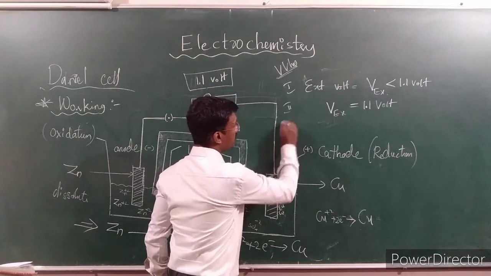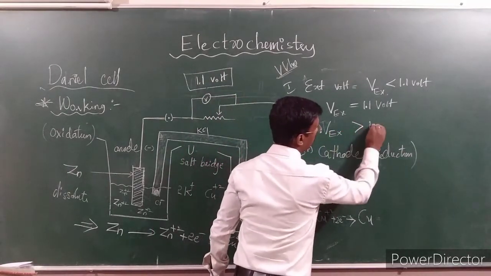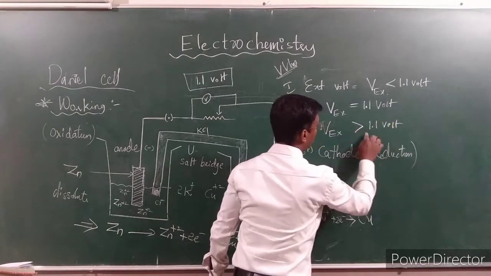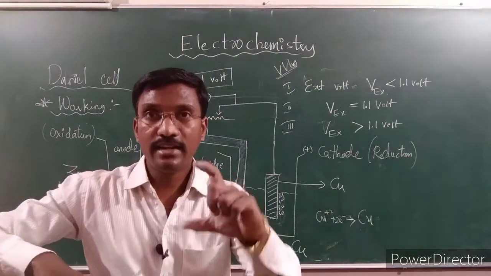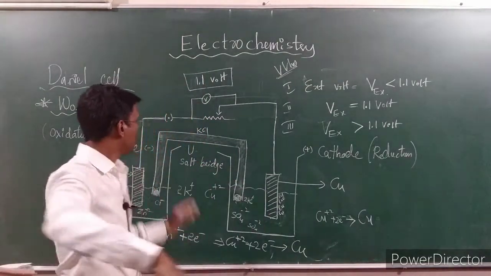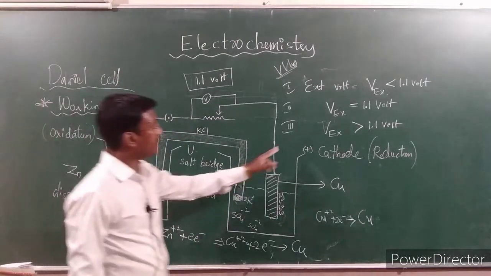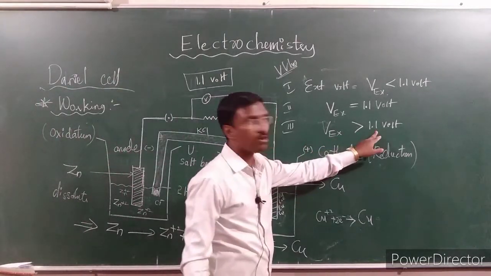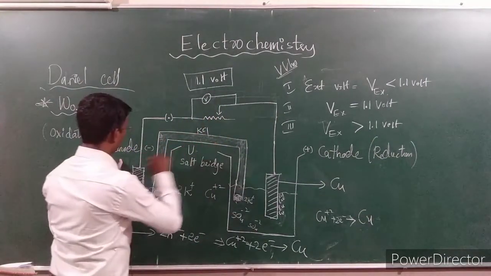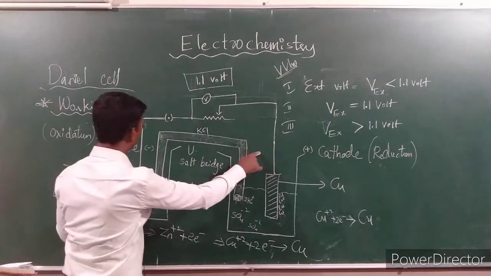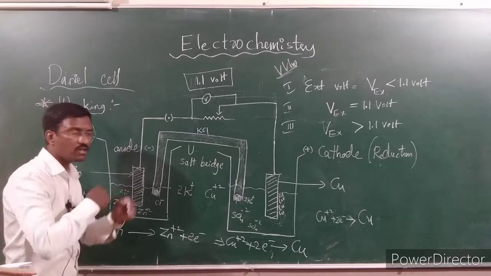Condition number 3 is when the external voltage applied is greater than 1.1. Here the external voltage they are applying is opposite to the internal flow of current. When the external voltage is greater than 1.1 volts, initially electrons were going from zinc to copper, but now everything will be reversed.